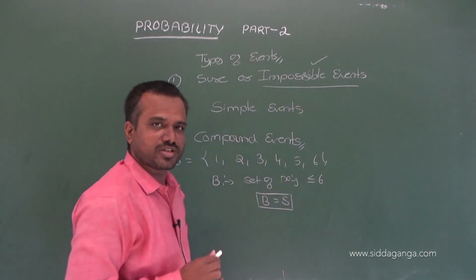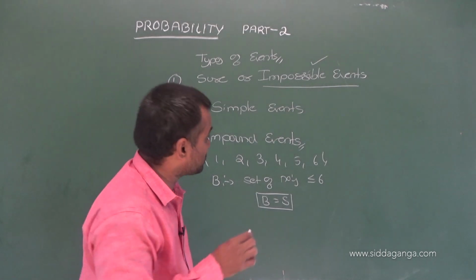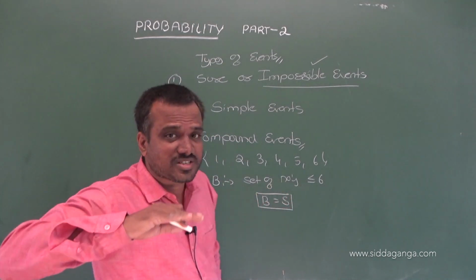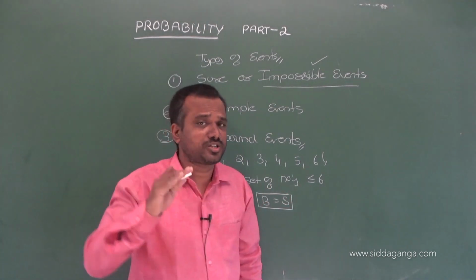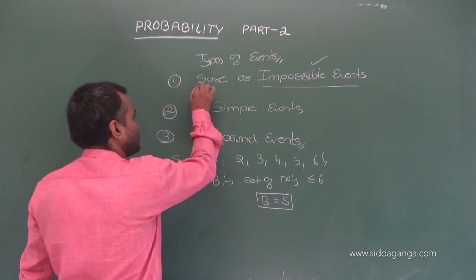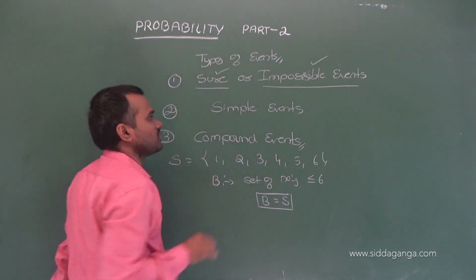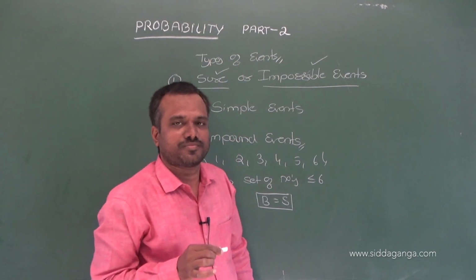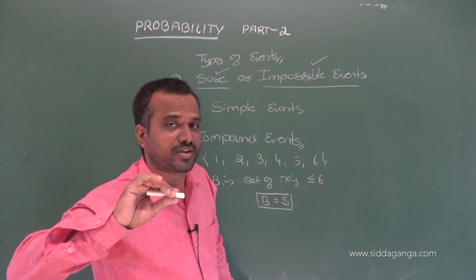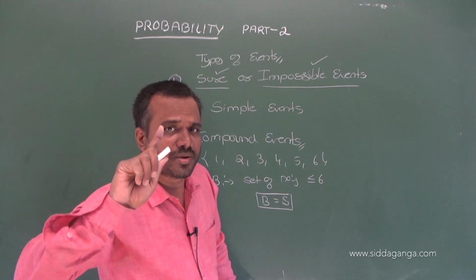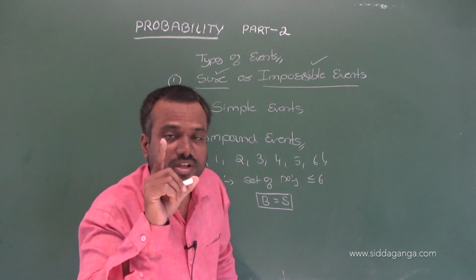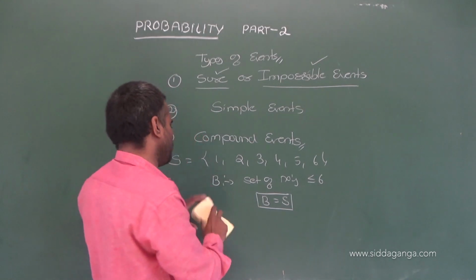B is equal to S. Then such events, if the event is equal to the sample space, that is very important. If the event is equal to the sample space, then that event we call what? Sure event. If the event is equal to the sample space, then that event we call a sure event.